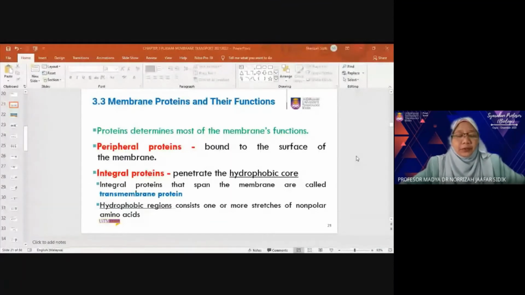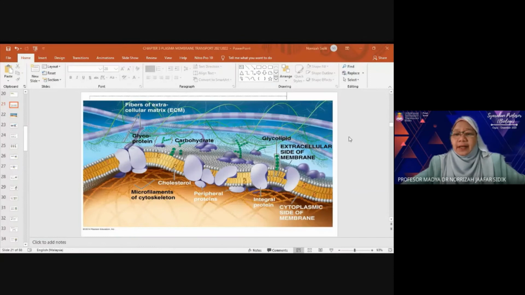Now I will continue with the second part of the plasma membrane transport lectures. So we start with the topics on membrane proteins and their functions. Here the proteins determine most of the membrane's functions. If you look at the figures, the proteins are embedded in the phospholipid bilayer.